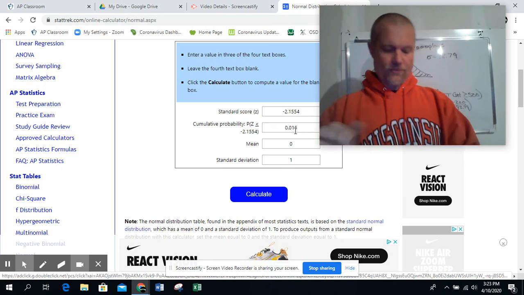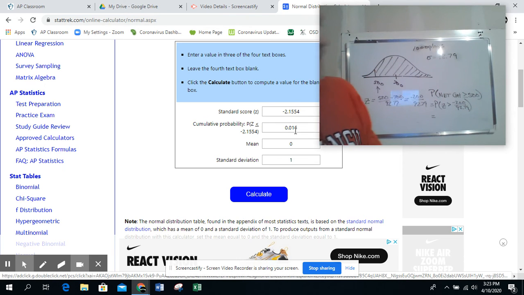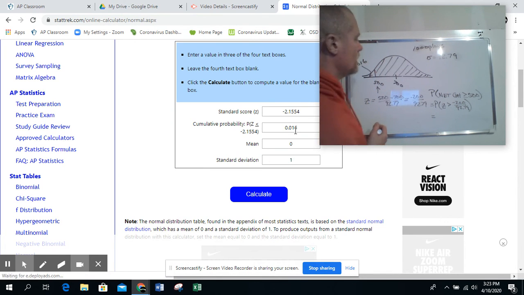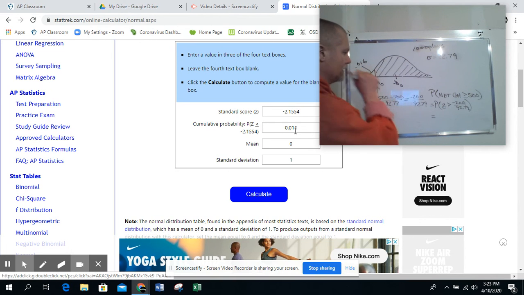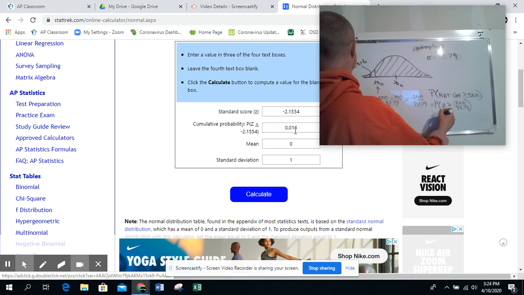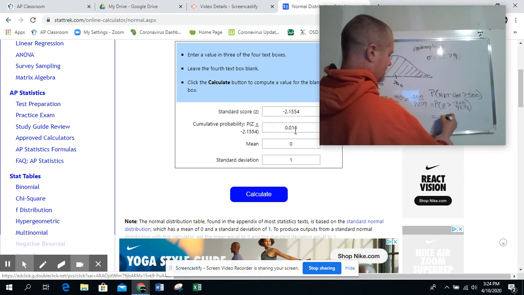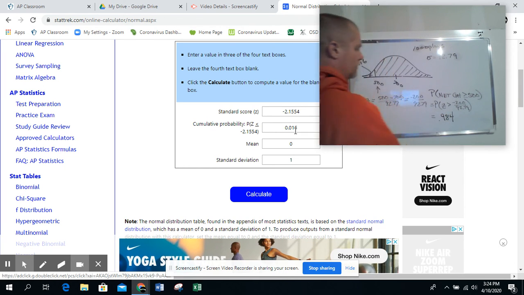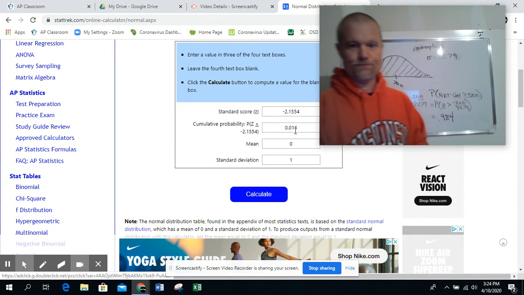So 0.016. Since it's the less side, this calculator told me this is 0.016, so then I have to take 1 minus that. That's going to be 0.984. So the probability that the net contribution is greater than 500 is going to be 0.984 in that situation.